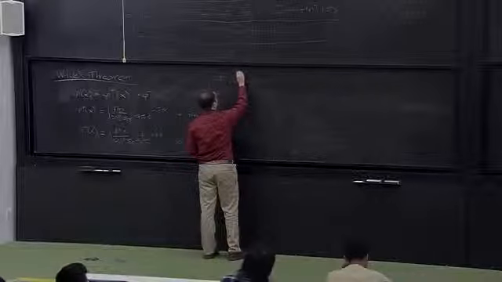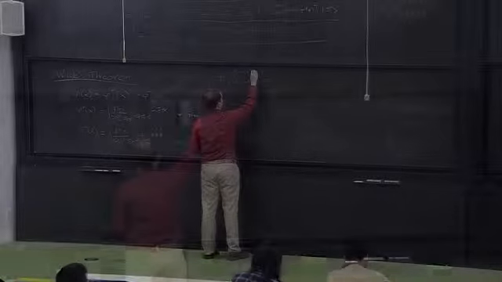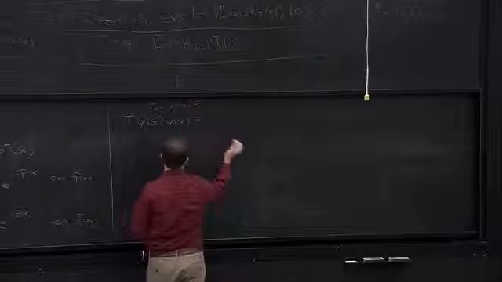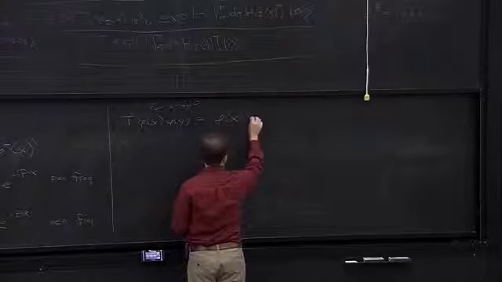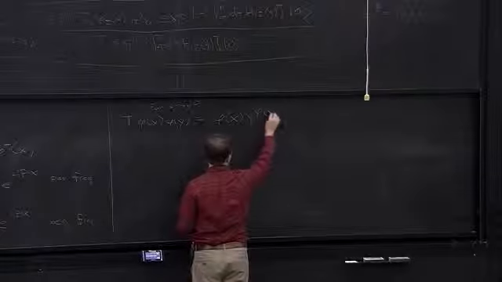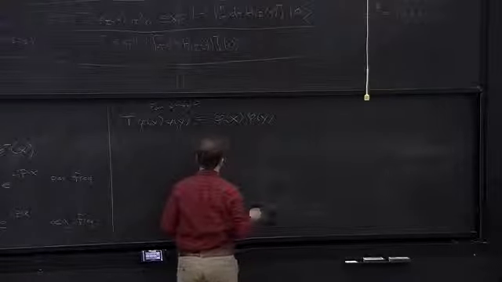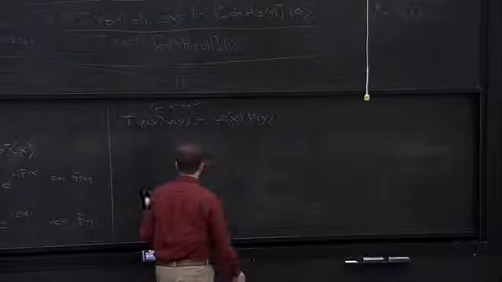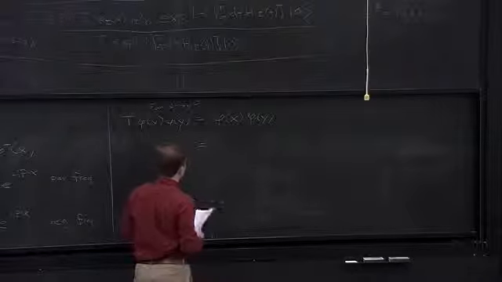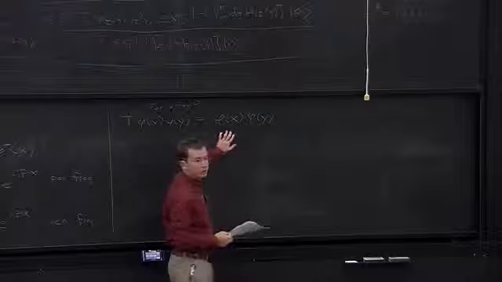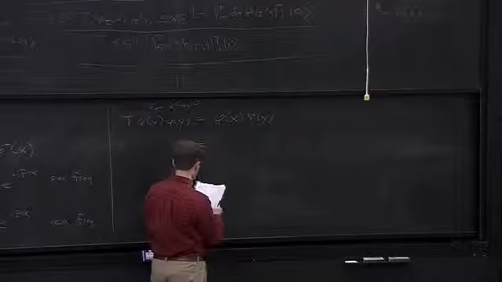And for x naught greater than y naught, the fields are already time ordered. And so let's see how we can relate this product of fields to a normal-ordered product of fields.